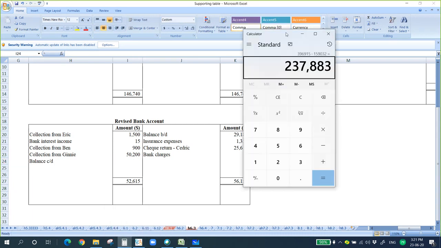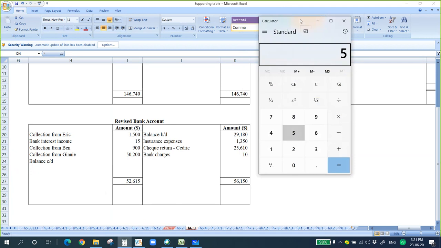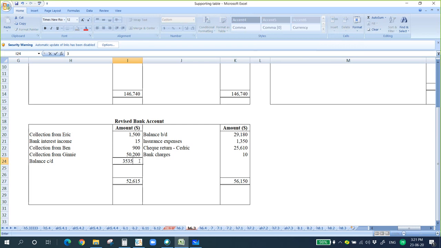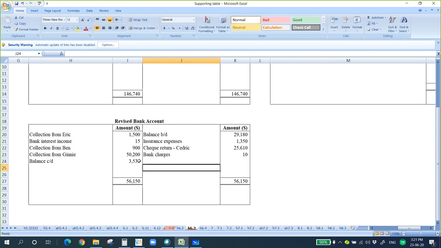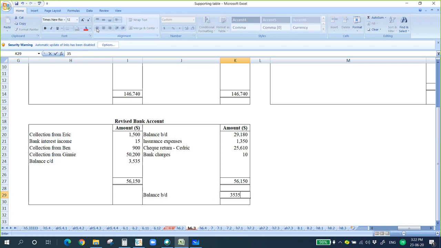Use calculator. 56150 minus 52615. So the balancing amount is 3535. So we can balance. So the balance brought down is 3535. So we have finished the revised bank account.